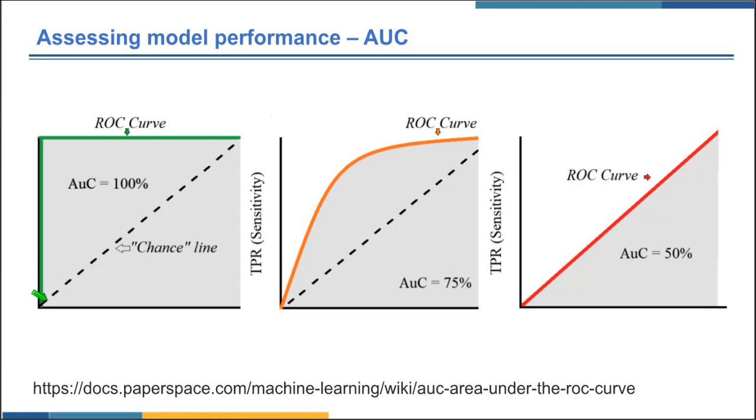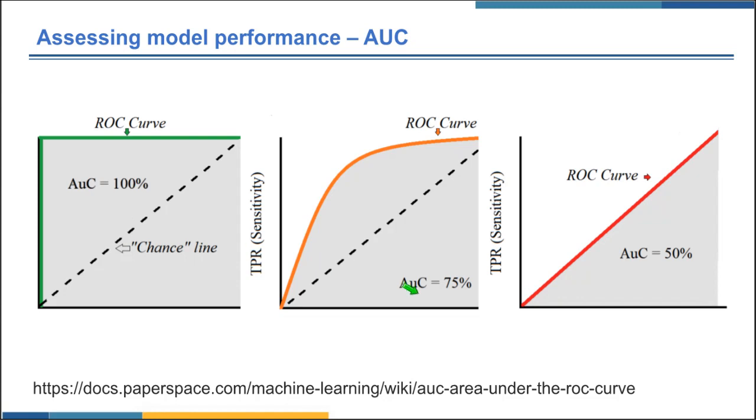And here, this diagonal line is called the chance line. It's a 50-50 chance line. It's just like we toss a coin and say if you're healthy or not. And if the AUC is close to 100, it means this is a perfect model. It can just tell who has PD and who hasn't with no mistake.